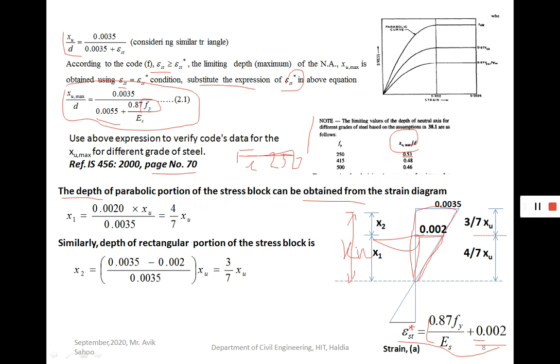So from the similar triangle we get the depth of the parabolic portion. This portion is the parabolic stress block, so we get 0.002 into xu by 0.0035, which is equal to 4 by 7 xu.